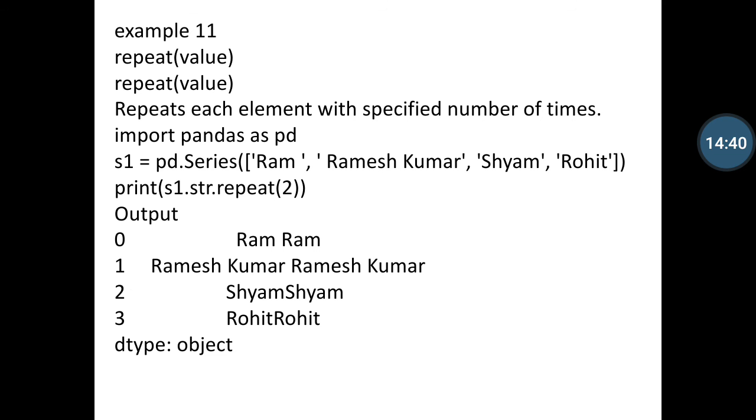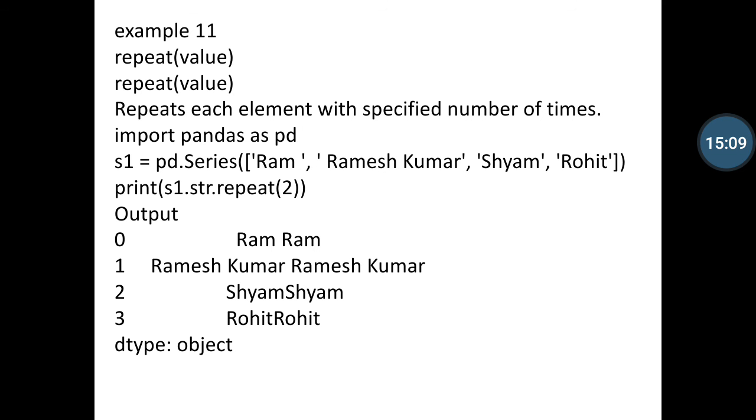In example number 11, I am using the repeat method. Basically the repeat method is used to specify the number of times a particular string value is repeated, so it converts the value into multiple copies.